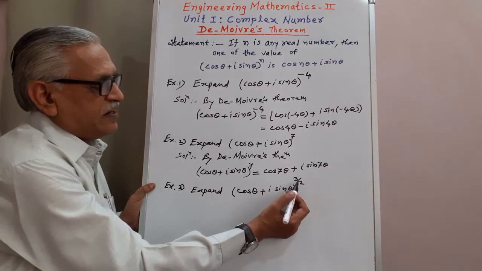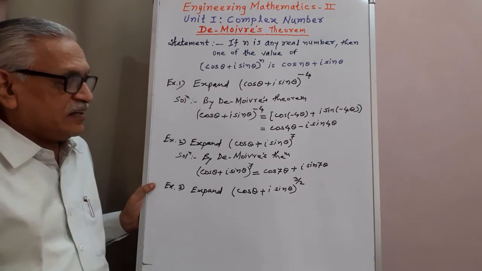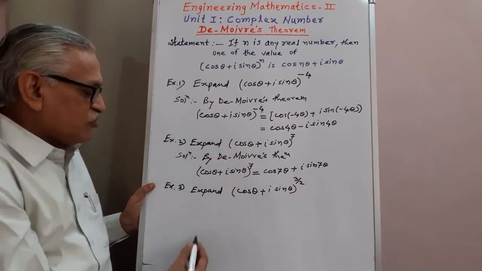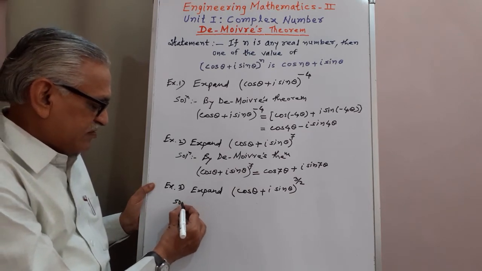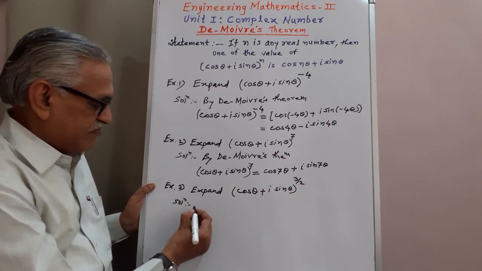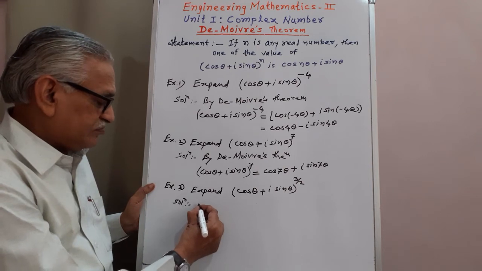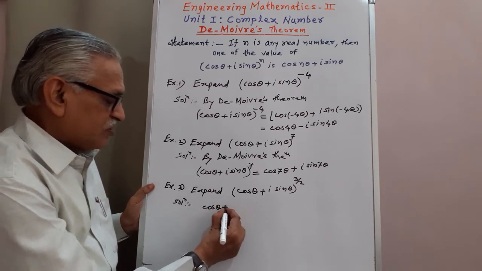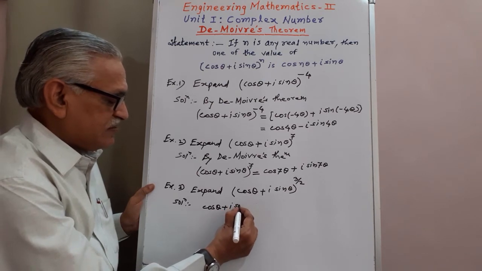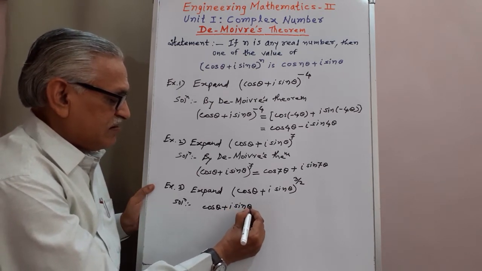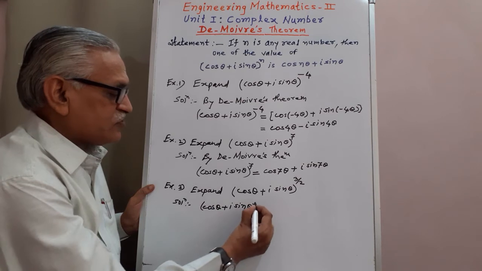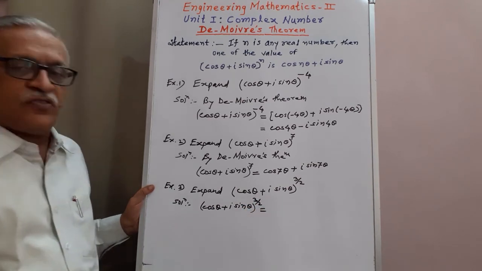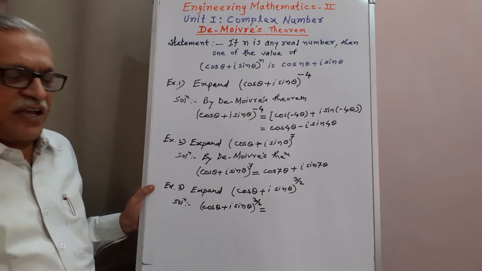Here n is in the form of p by q, and therefore applying De Moivre's theorem, we get (cos theta plus i sin theta) raised to 3 by 2 is equal to cos n theta plus i sin n theta.